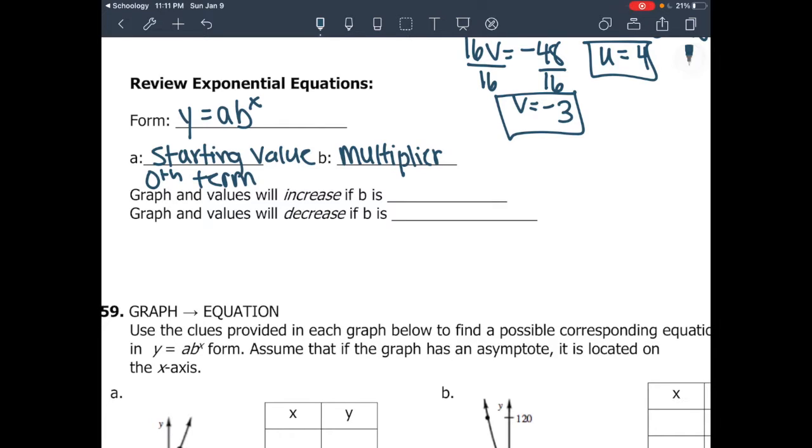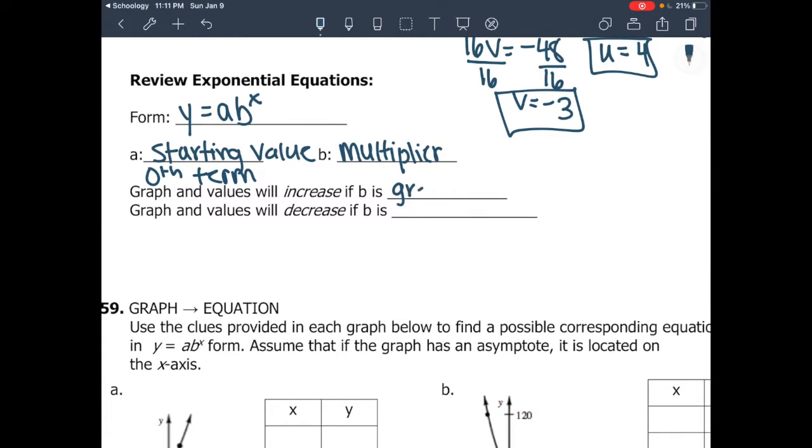The graph and values will increase if b is greater than 1. We've talked about this with the graphs on that first day where I showed you what it looked like, and also with different situations like the pennies and the carbon. The graph and values will decrease if b is between 0 and 1.